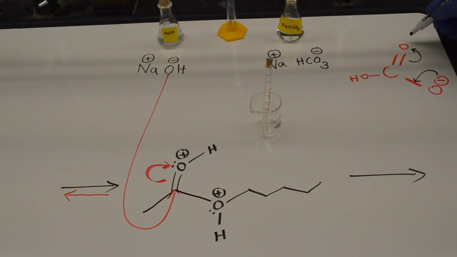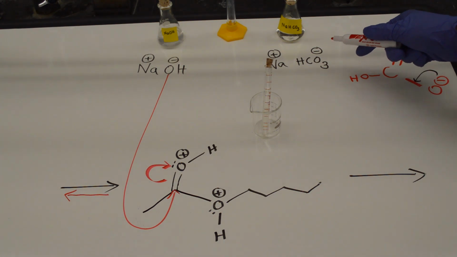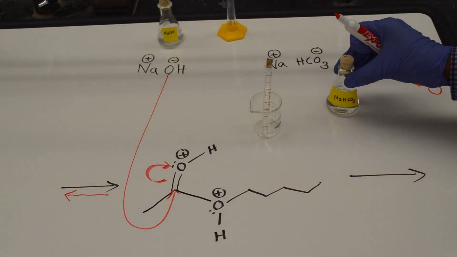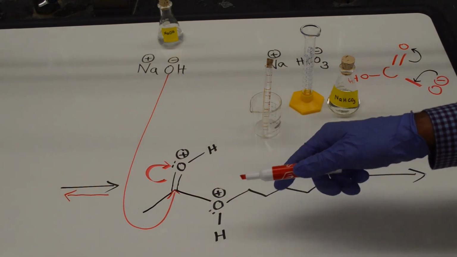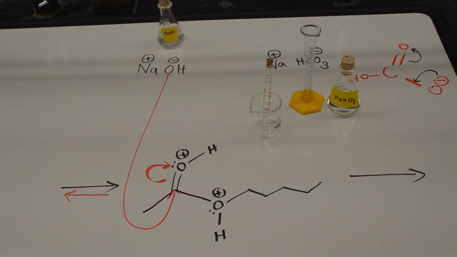This pi bond can make a negative charge. So the negative charge is stabilized through resonance. It's not a strong base, and it's not a nucleophile because of the size of this. It's bulky. So sodium bicarbonate is what you want to use to abstract the two protons to get our product.